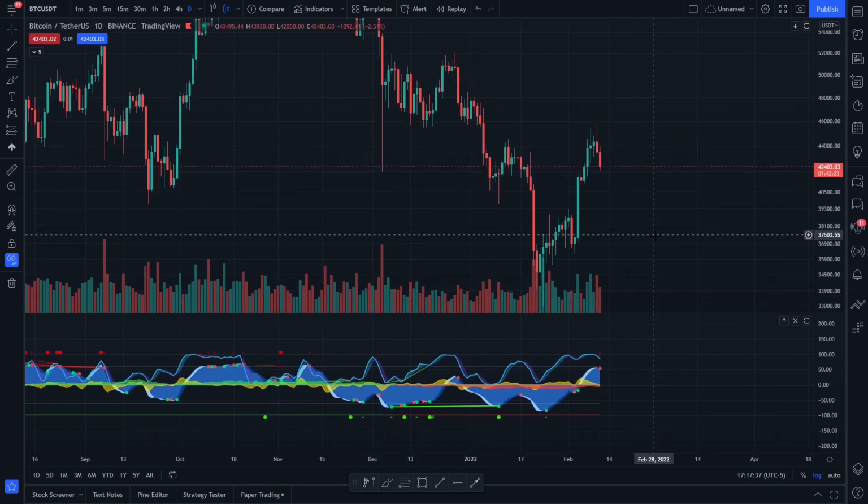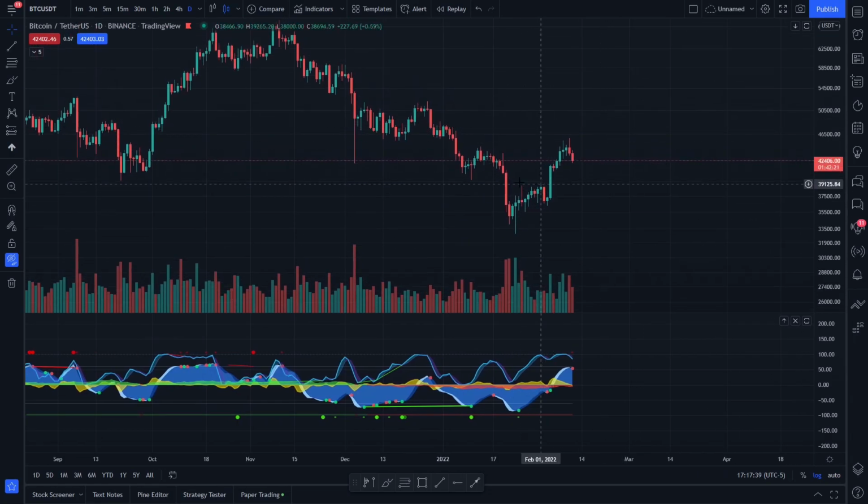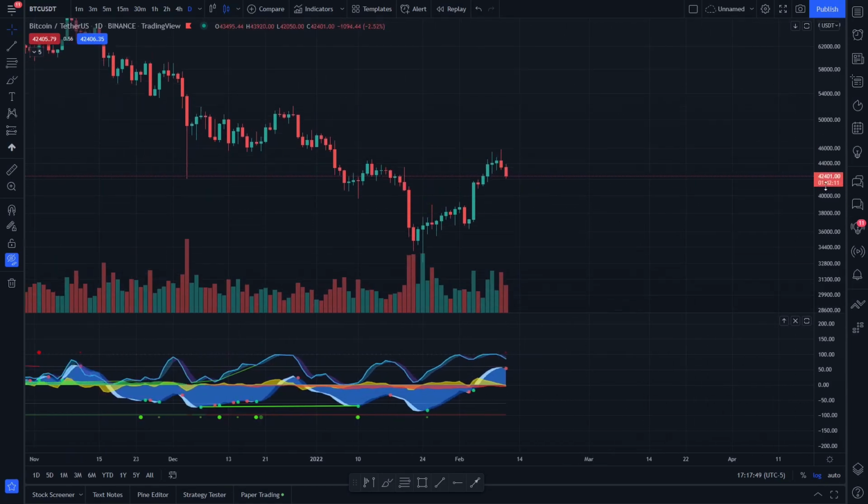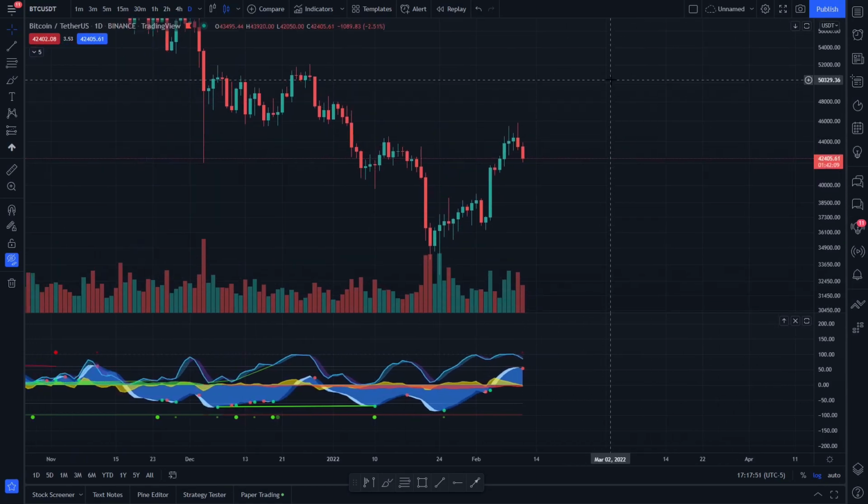We've had a lot of selling, so the sellers have controlled the market, until we probably cross over 47, 48K, then the money flow will probably change. So it just depends on the time frame you want to use it in, but that's a thing to look out for.